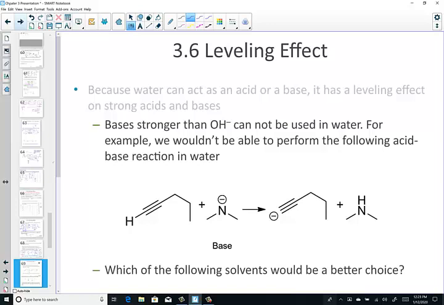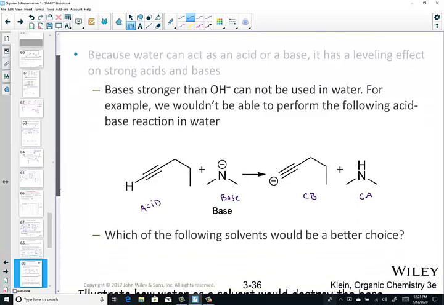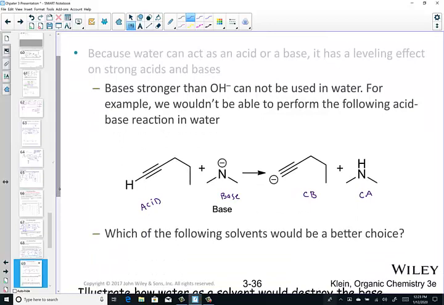So for instance, if I had here's an acid, this is a base, we formed a conjugate base and a conjugate acid. That's the chemistry I want to have happen, all right? So let's suppose I place this particular base in a water solvent.